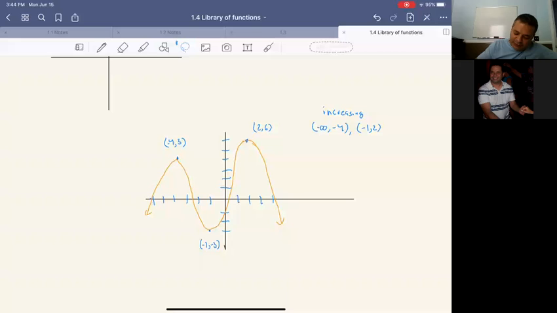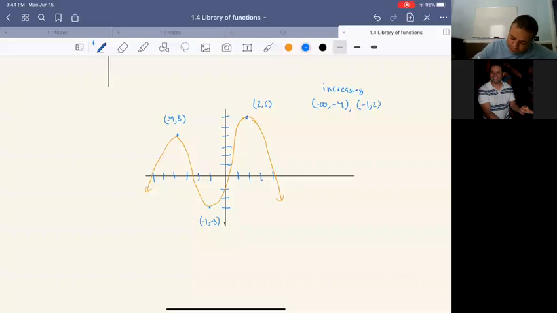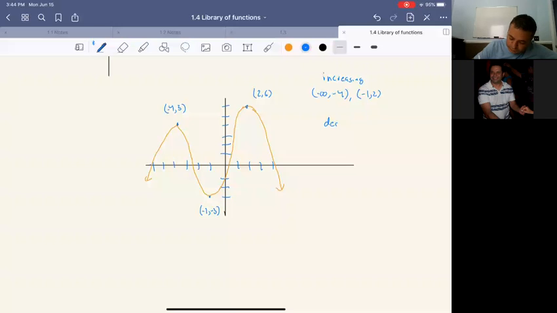Now, when is it decreasing? Well, that's when the function is going down as you move from left to right. So here, from negative 4 to negative 1, the function is actually decreasing as you move from left to right.